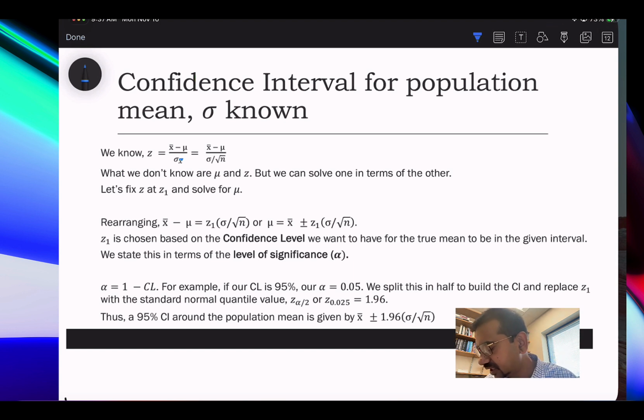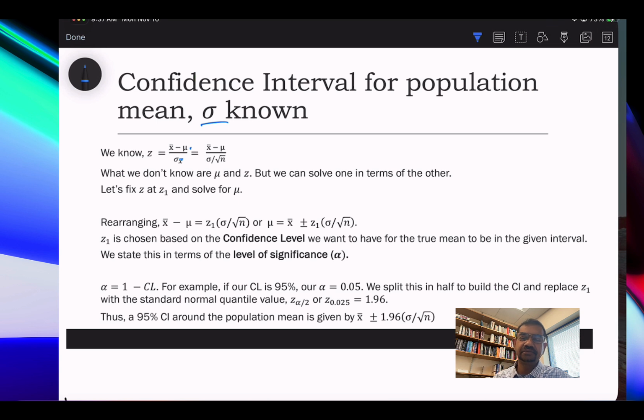The z-score is given by taking our x bar, subtracting its expected value, which is the population mean, and dividing by the standard deviation of x bar. We will first work with the case that we know the population standard deviation. Now, in reality, we may not know that; we'll look at the modification of that assumption later.